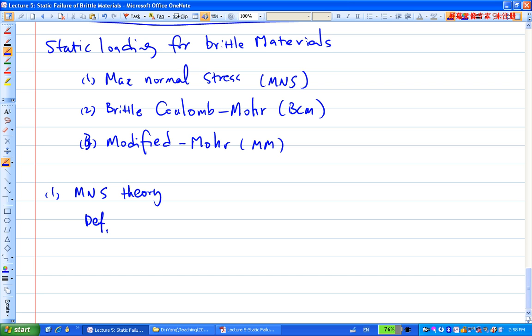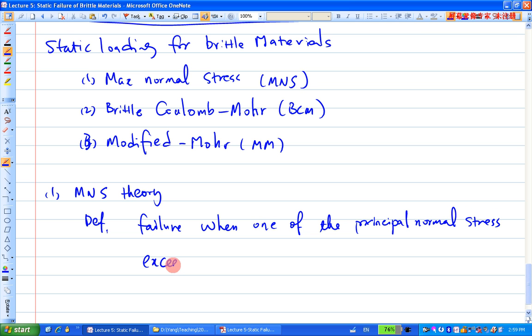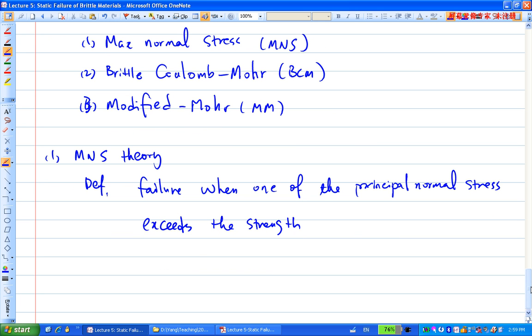MNS theory says failure occurs when one of the principal normal stresses exceeds the strength. That's basically what MNS theory says.